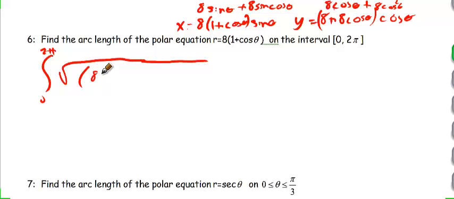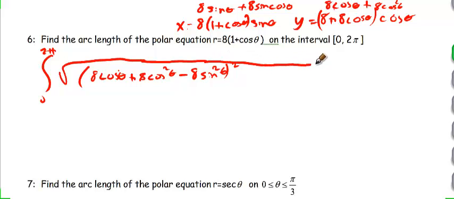So we got 8 cosine theta, and then over here you got to do a product rule. Plus 8 cosine squared theta minus 8 sine squared theta. So that's my dx squared. And unfortunately, we got to do the exact same thing for our dy squared.